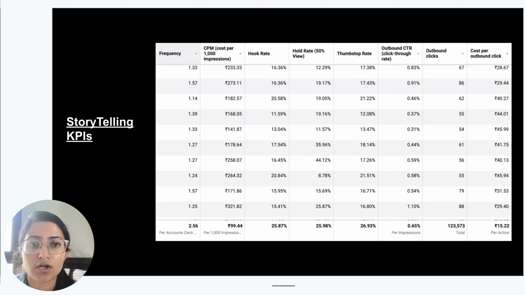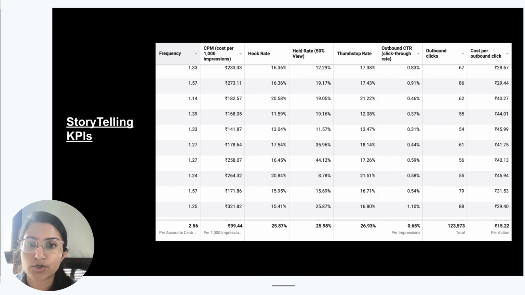Suppose you're running a prospecting campaign and you see that your frequency has gone up to 4 to 5, then you need to look into why the frequency on that particular creative is so high, because that can cause other metrics like your CPAs or your CPCs to increase. You don't need to take any action, but just keeping a look at that is very good.